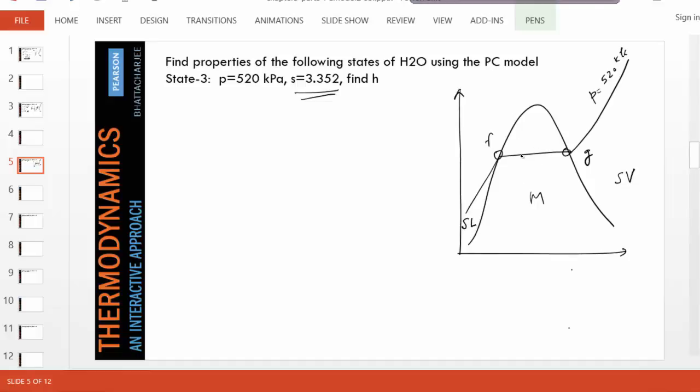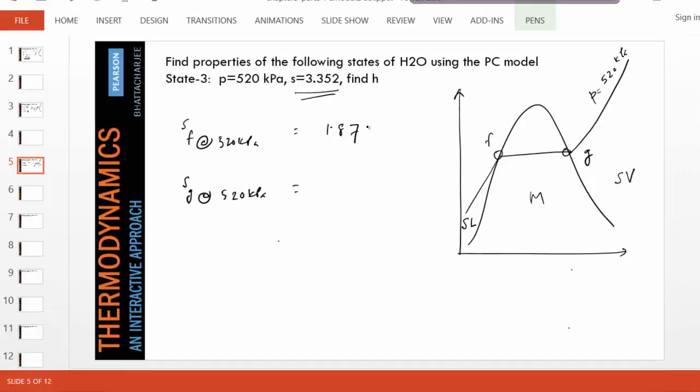So to know whether we are inside or outside, we need to know what is SF at 520 kPa and SG at 520 kPa. We did that in the last problem. So I'm just writing down what is SF and SG.